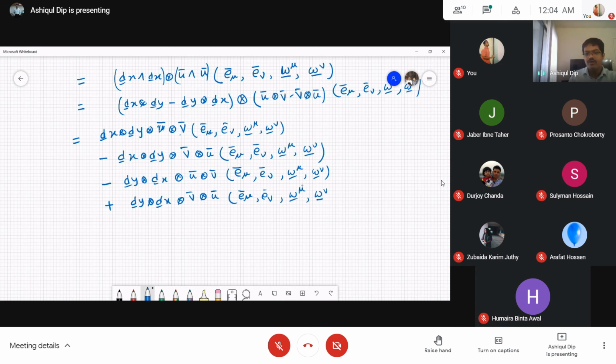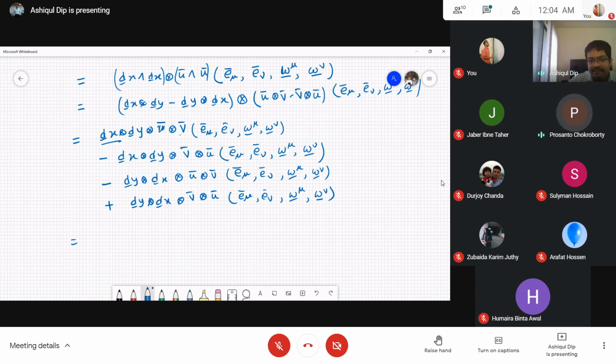Okay, so now we are ready to actually perform these things. When you substitute e mu in the slot of dx, what do you get? It's a Kronecker delta. It depends on mu. What is mu? Mu could be anything, so it's summed over.